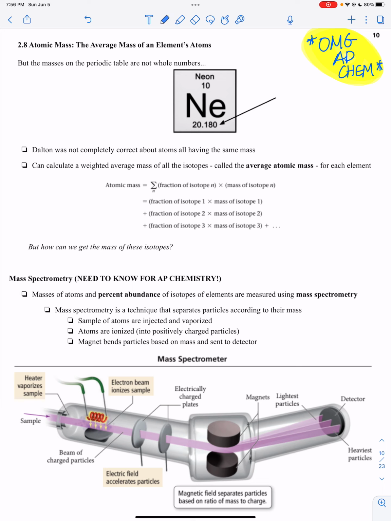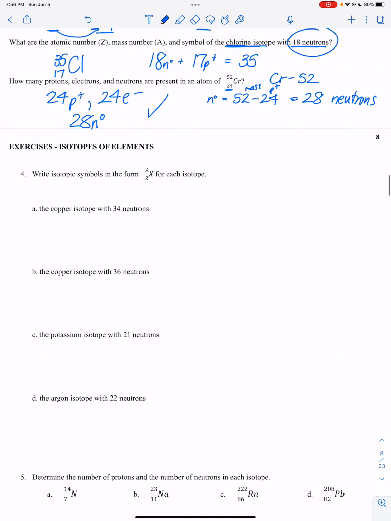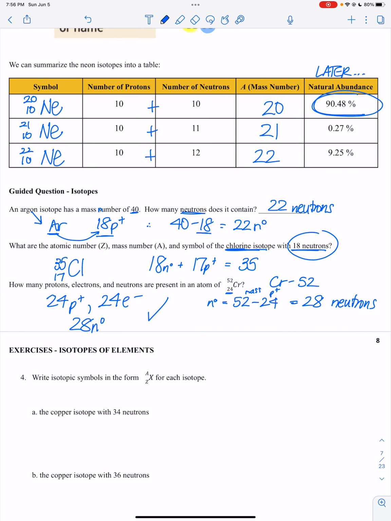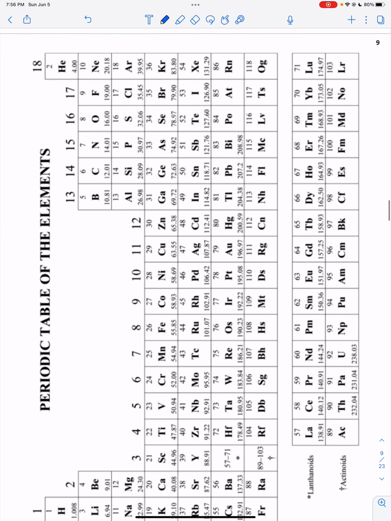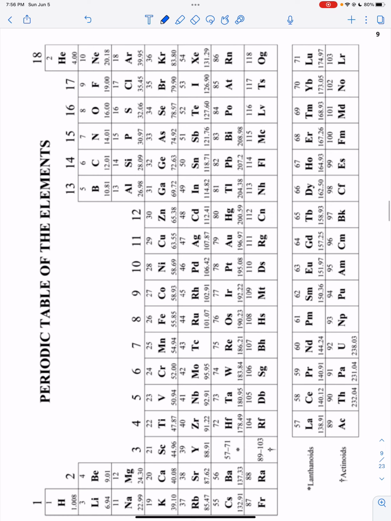So if you look on the periodic table, in our previous lecture, we talked about protons and how if I add up, I'll get the mass number, and the mass number is a whole number. But if you really look at our periodic table, and if you want, you could pause this and rotate this. Let's say I'm looking at neon.